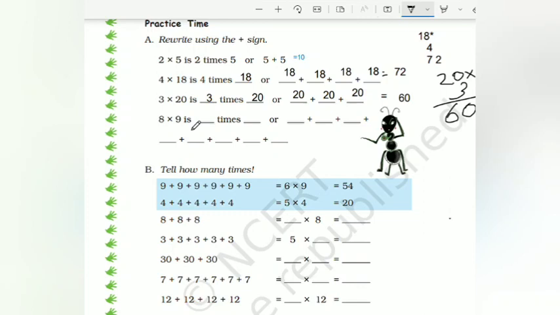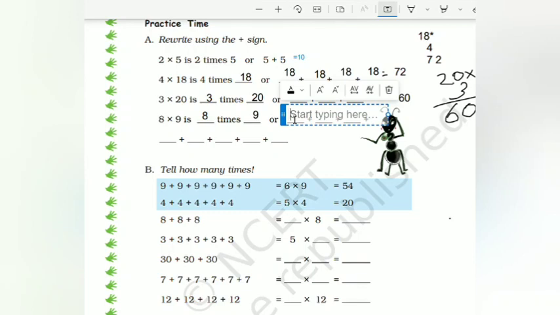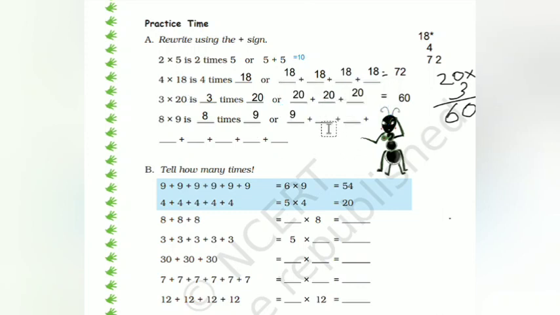Next, 8 into 9. It is 8 times 9. 8 times what? 9. That can be written as 8 times. So we are not writing 8, we are writing 9.